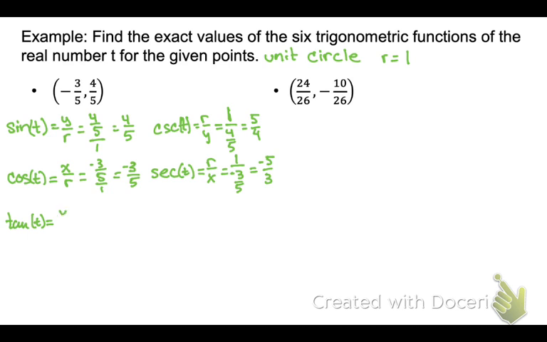Y over x. So then I multiply by the reciprocal, which is 5/3. And the answer is? That's about 4/3, I guess.